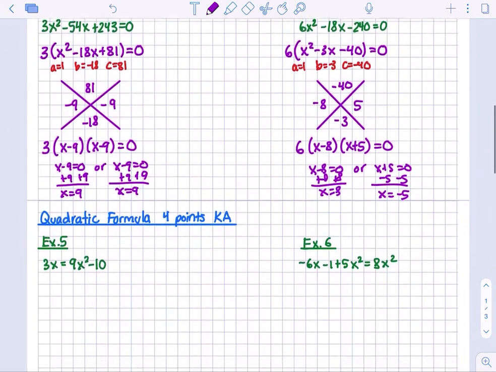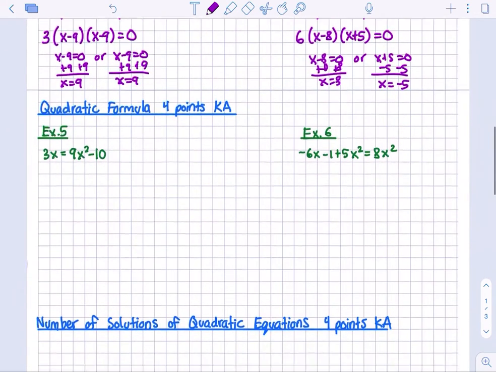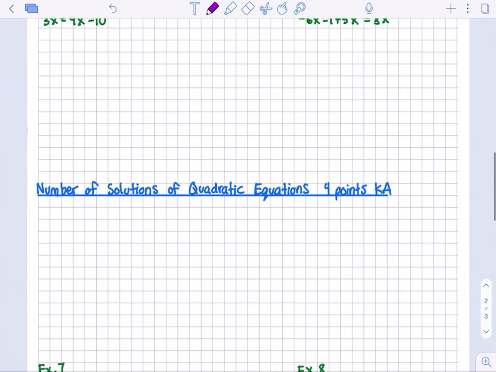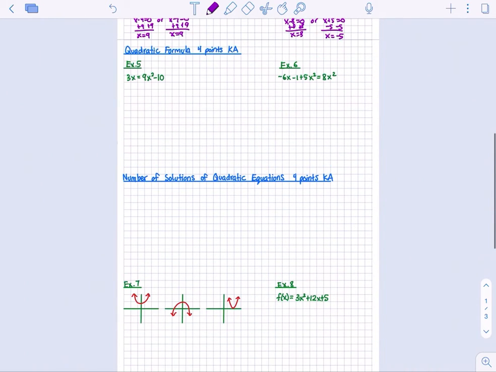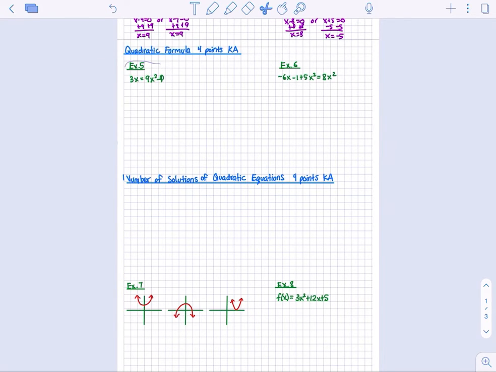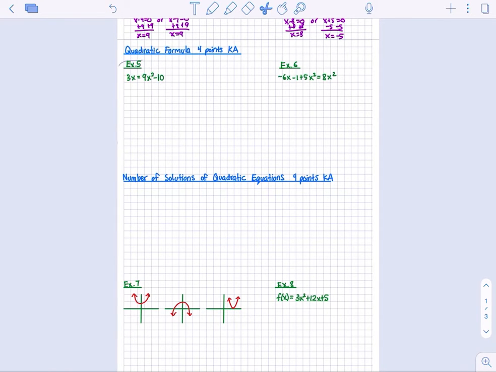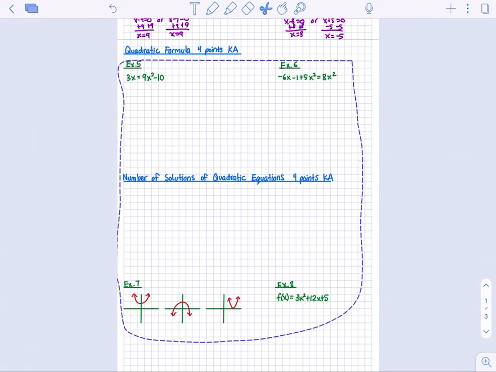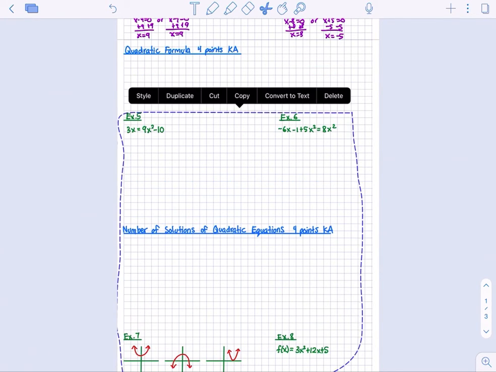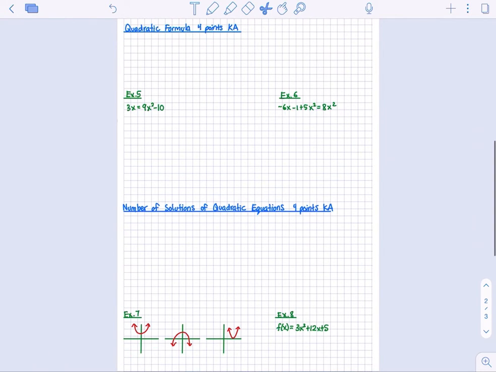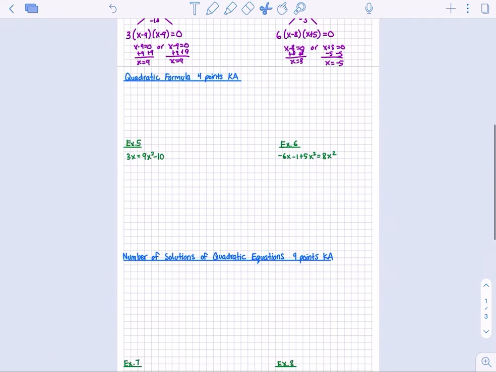Alright, now we're going to shift gears and go to our quadratic formula. Here are some things to note for quadratic formula. Just recall, I'm going to write our standard form again.